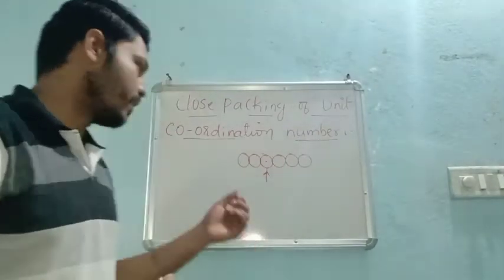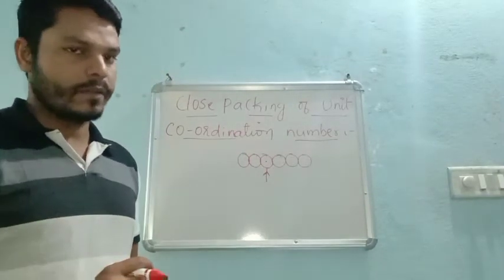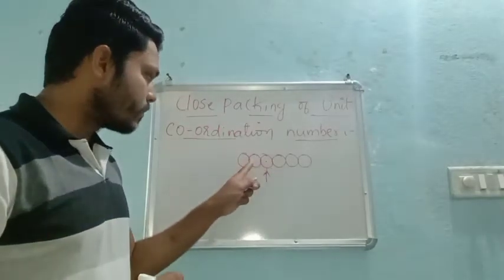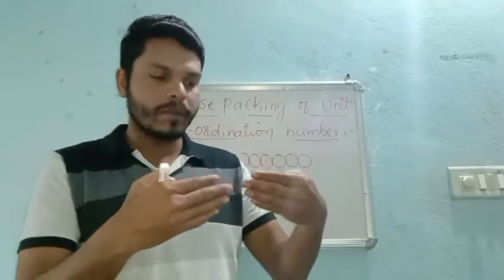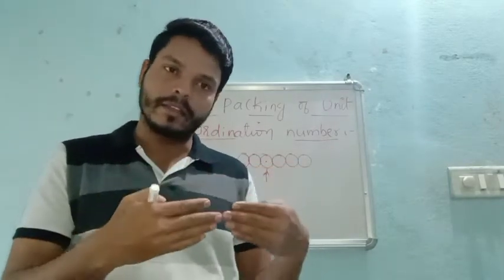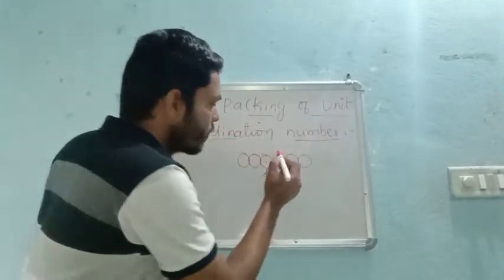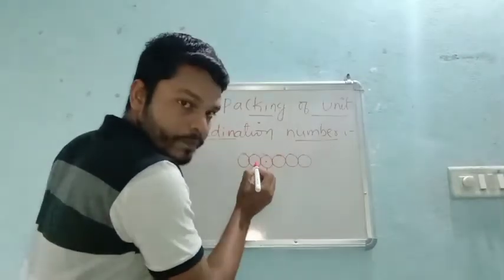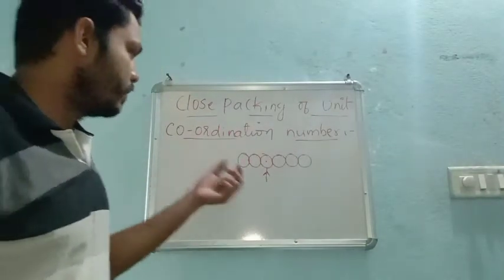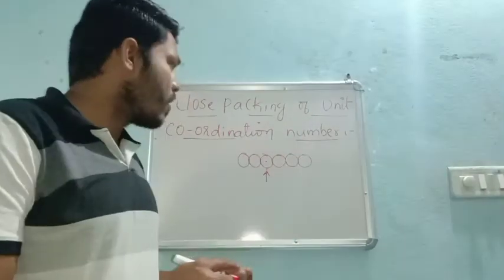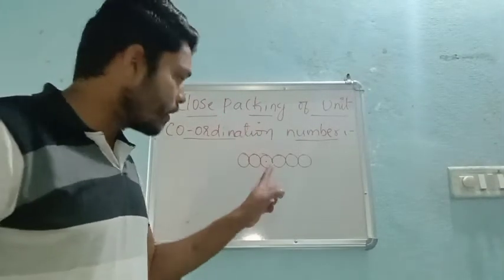That means, see here, if I consider this atom as a particular atom, then to this atom there are two atoms, I mean constituent particles, in direct link. So in this case, what is the coordination number? 1 and 2, right? So likewise, the coordination number is nothing but the number of neighboring atoms attached to a particular atom.